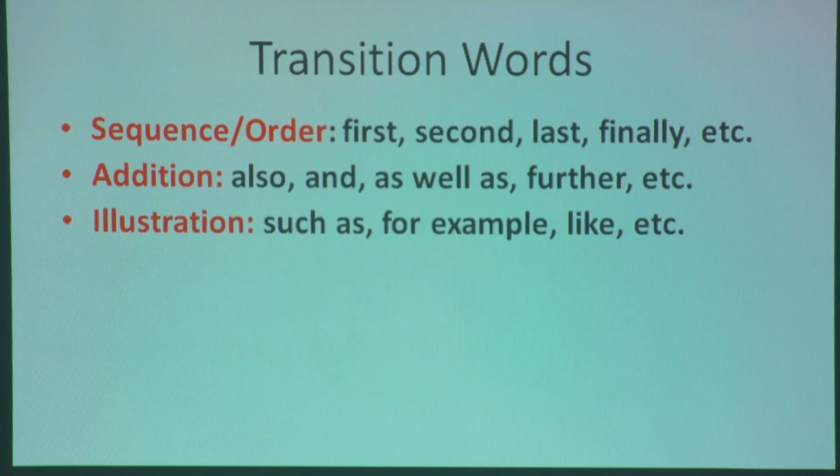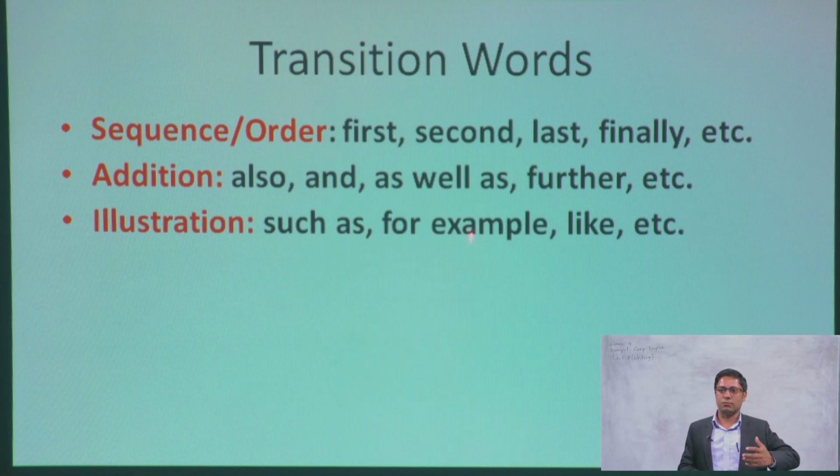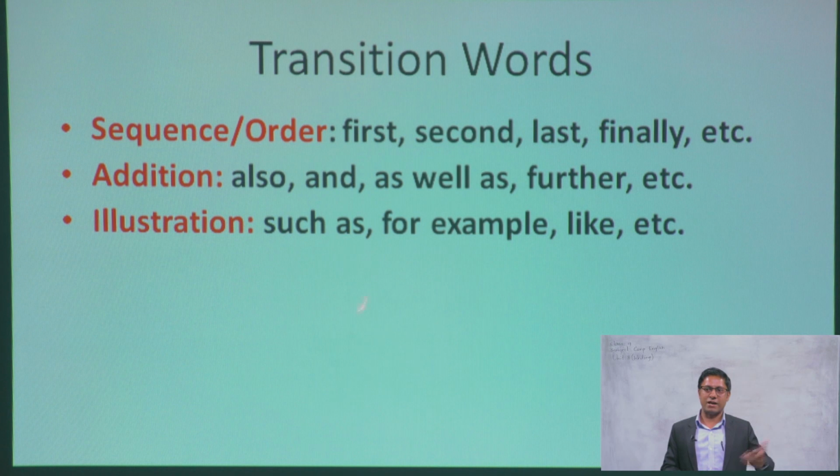Look at the next: illustration, such as, for example, like, etc. And you know well, illustrations are generally used to give examples. For example, if you are giving the example of some animals, you can say, for example, lion, tiger, etc. You can say it that way.